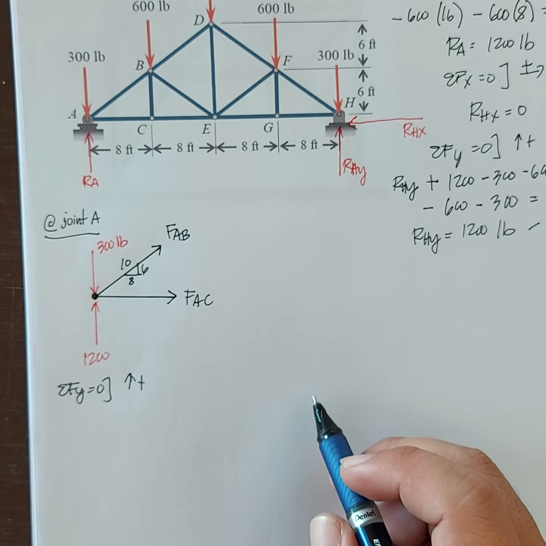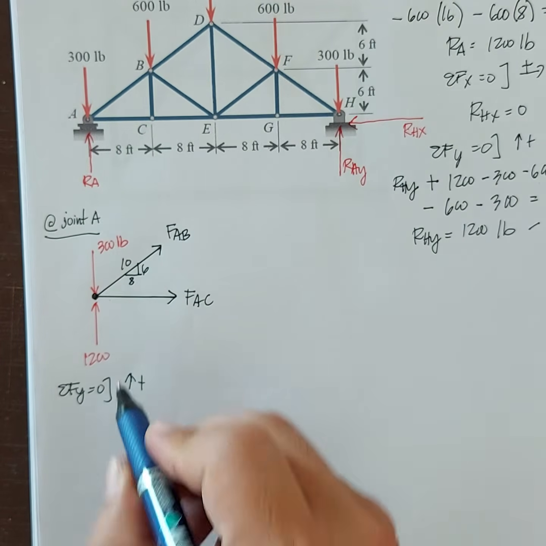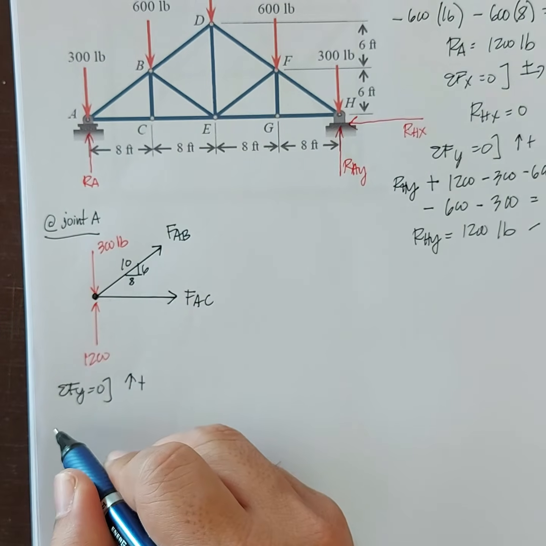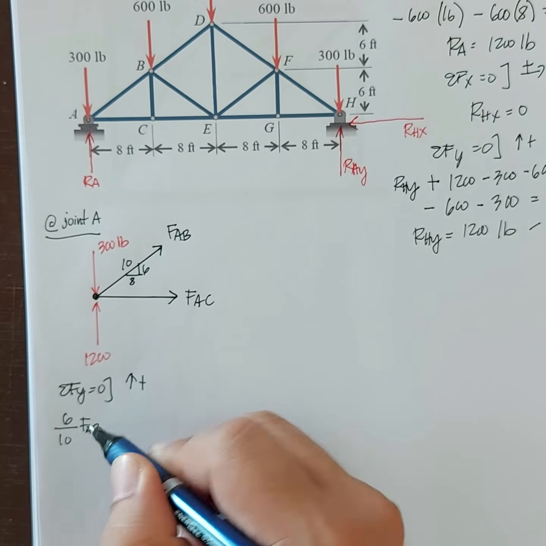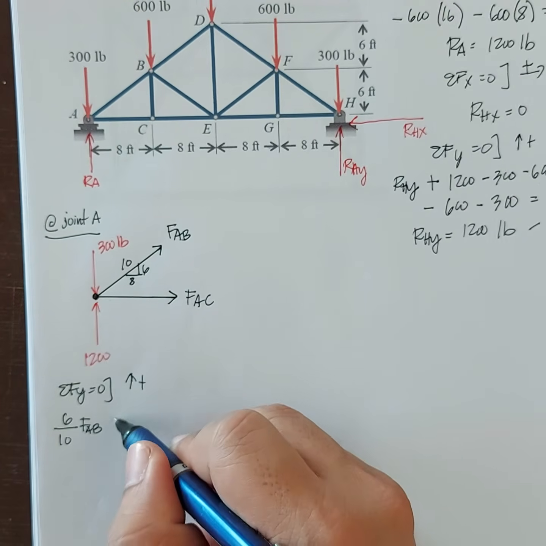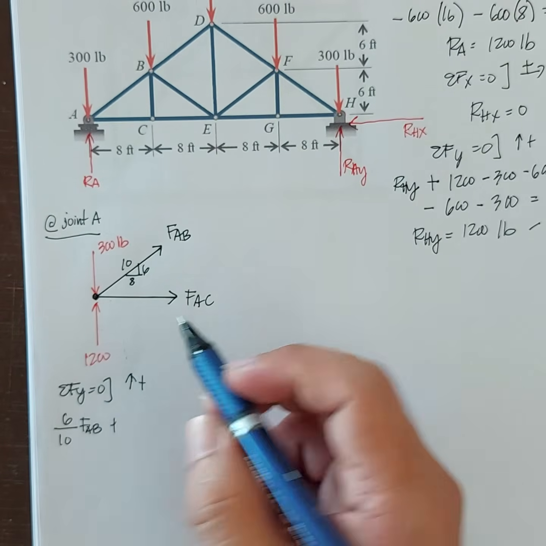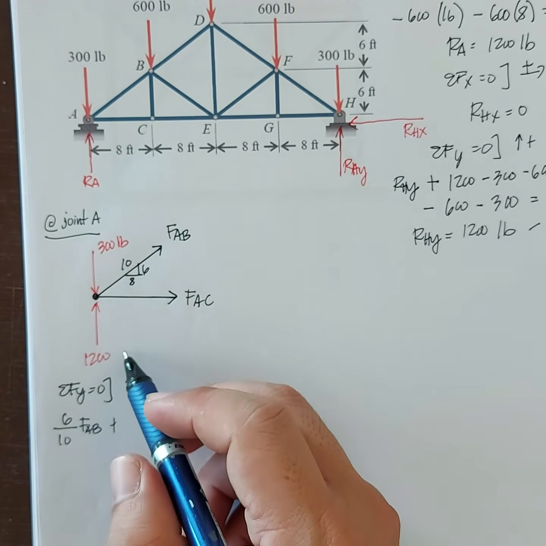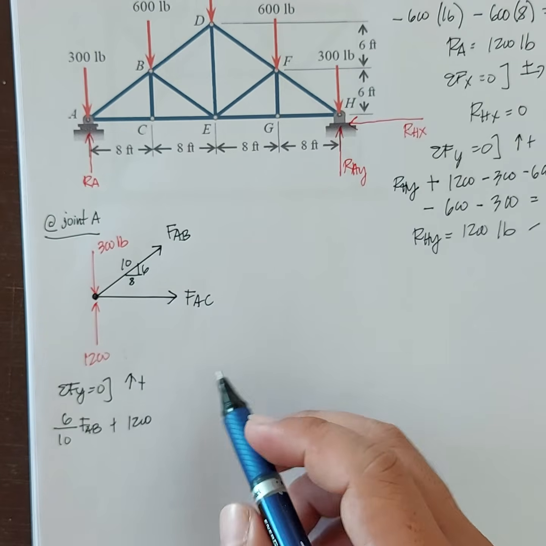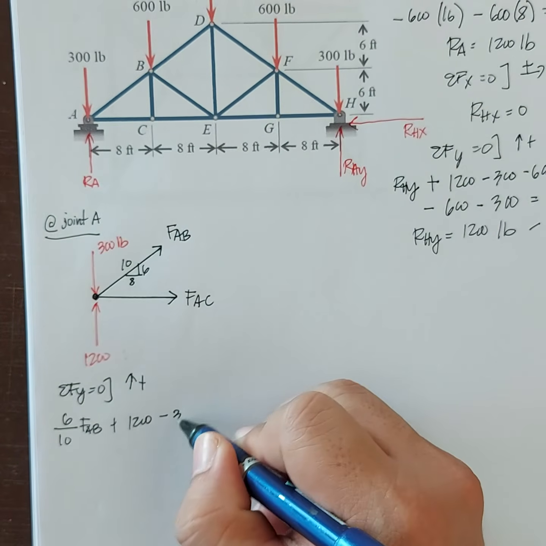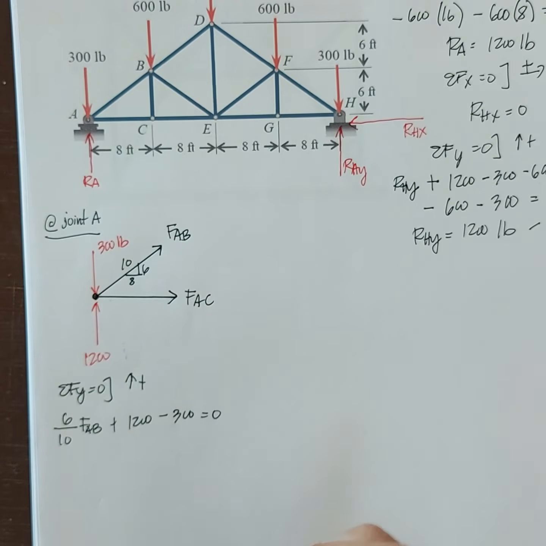So we have the vertical component of FAB, which is 6 over 10 of FAB, plus the 1,200, sorry, 1,200, minus the 300. Is there anything else? None, so we equate that to 0.